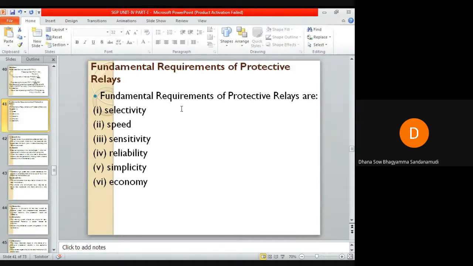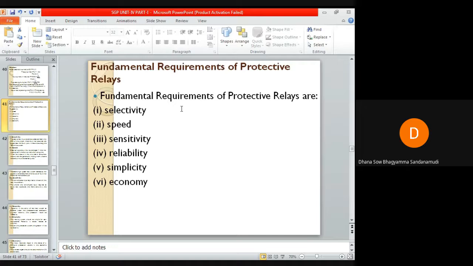If fault persists for a longer duration and the electrical apparatus in that faulty zone are damaged, then it may even shut down customers' motors and generators, making them unstable. So the fault must be cleared as quickly as possible. The relays that we are going to use must be high speed relays.